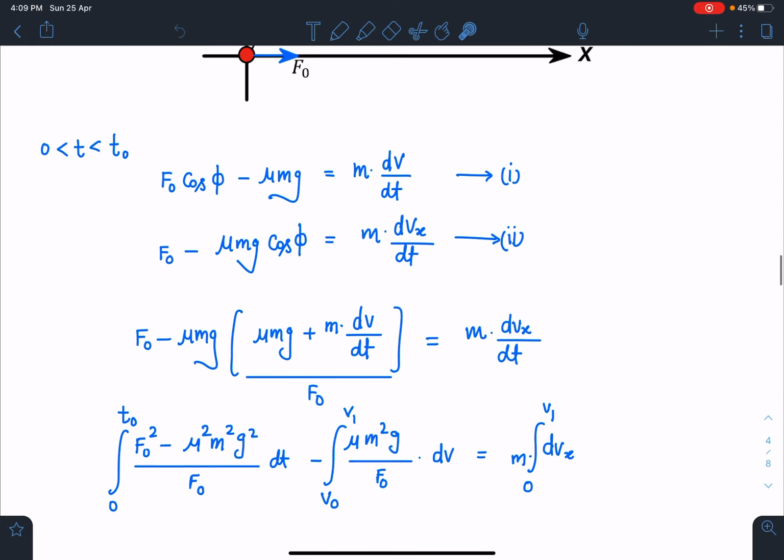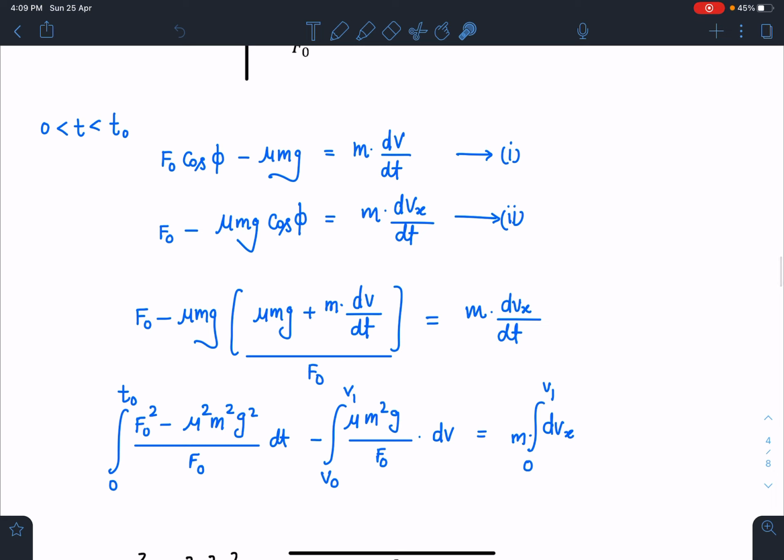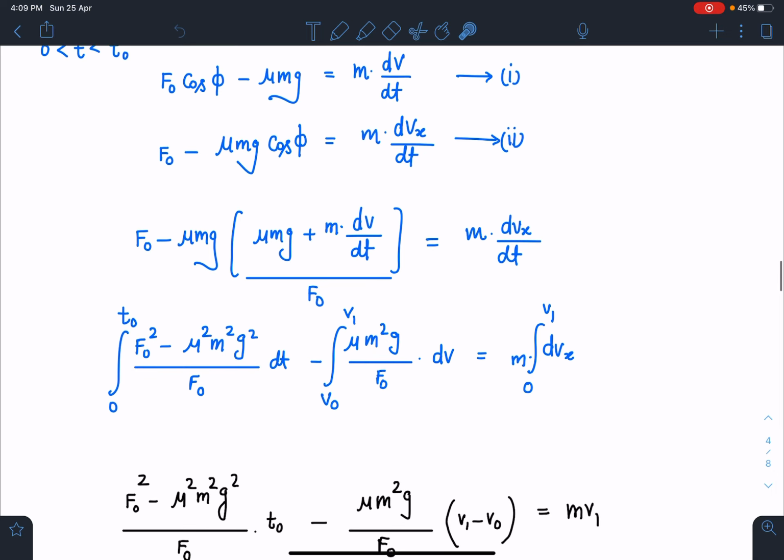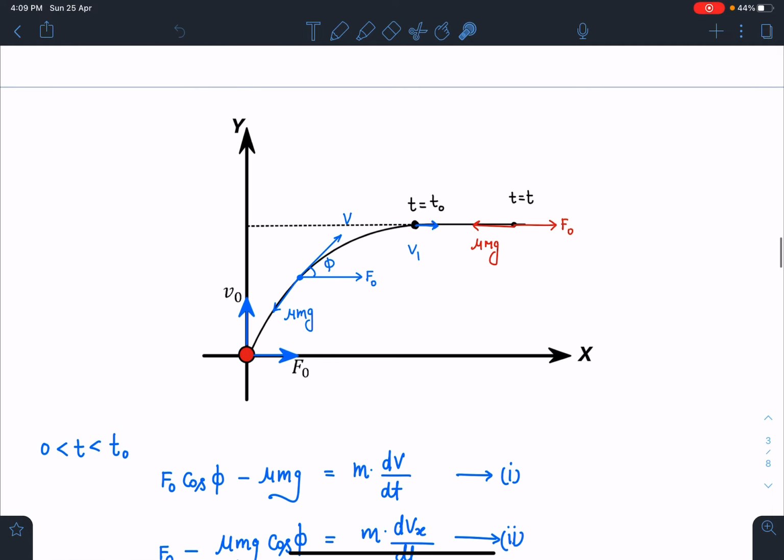So when I eliminate it and separate the variables, I'll be getting a time t0 on one side, and one equation in the total velocity v, and one term of velocity in x direction. When I integrate 0 to t0, v0 to v1, and for x, 0 to v1. v1 is the velocity of this particle at time t0 when it is following this straight line path.